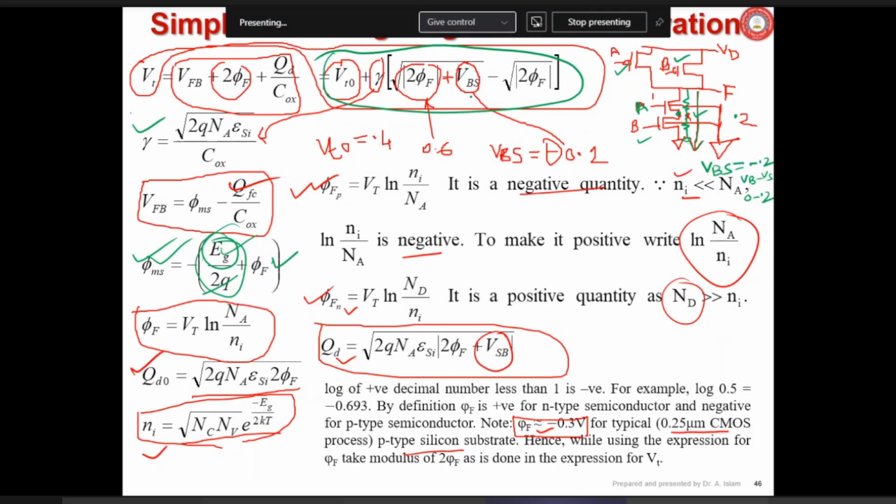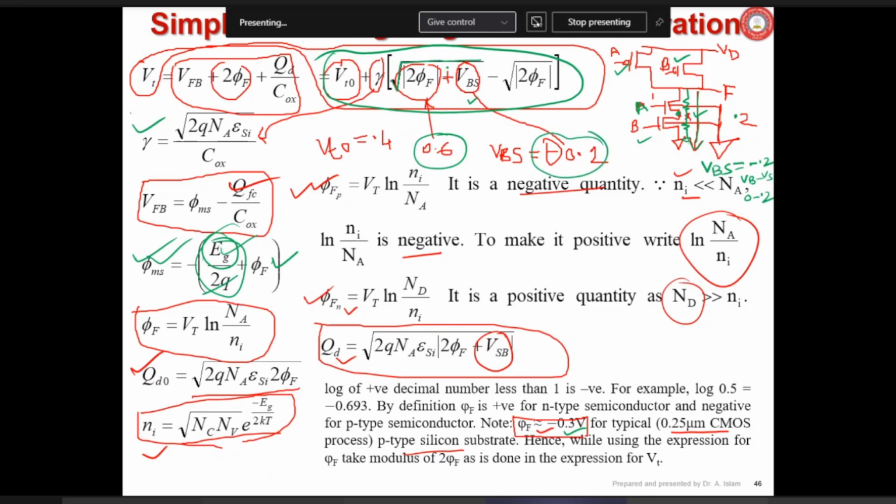Now, if this is minus 0.2 volt, and you have here minus VBS, or I said plus VSB, it is all the same. So what is the value under this square root? We have seen here, we have taken twice phi F, that is 0.3, so 0.6 volt is here, and this is 0.2 volt.